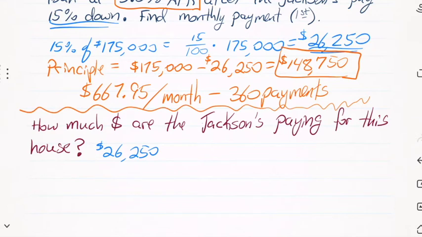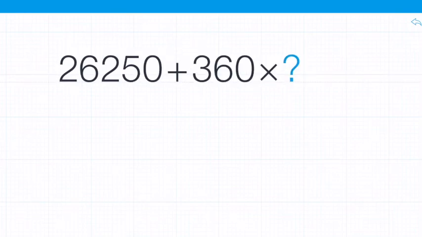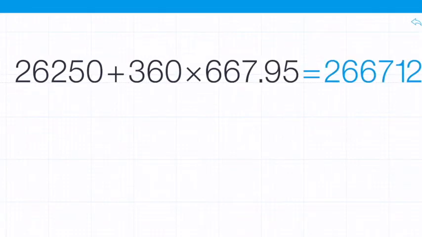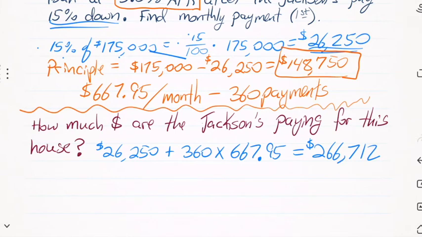The rest of it is going to be from the 360 payments of $667.95 per month that they've paid for this house over that period of time. So altogether, over 30 years the Jacksons will pay $266,712 for this house.